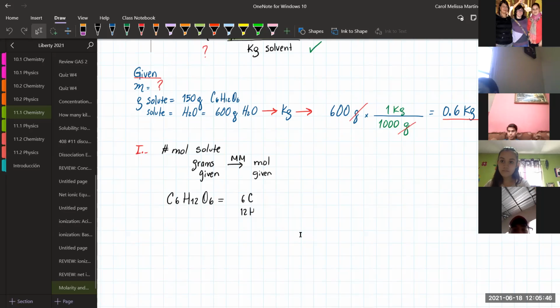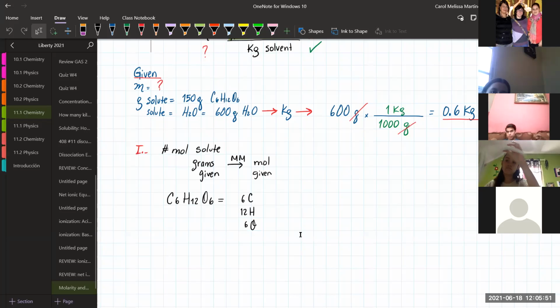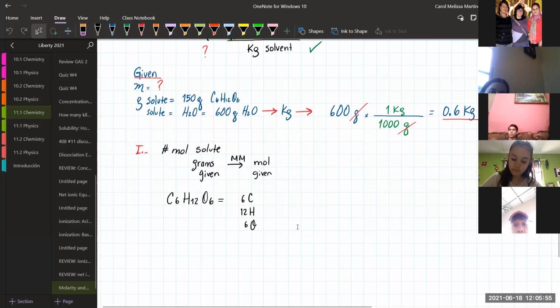I'm going to do the faster method of the molar mass. Okay, I'll be rounding the molar masses. So this will be 6 times 12. This is going to be 12 times 1, and this is going to be 6 times 16.